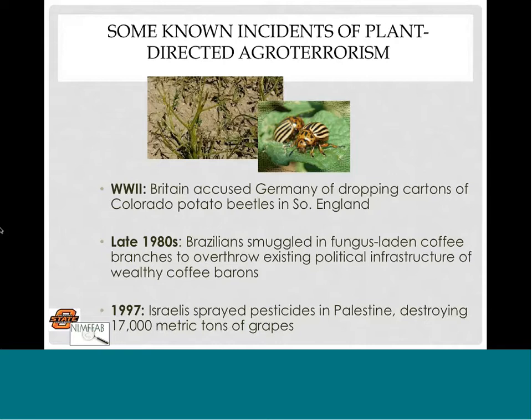An interesting case in the late 1980s had to do with the political control by rich coffee barons, and protesters actually imported fungus-laden coffee branches, which they hung in the trees of the coffee plantations in an attempt to influence that political infrastructure, which they did. And then in the late 90s, the use of pesticides in Palestine to affect the grape production.